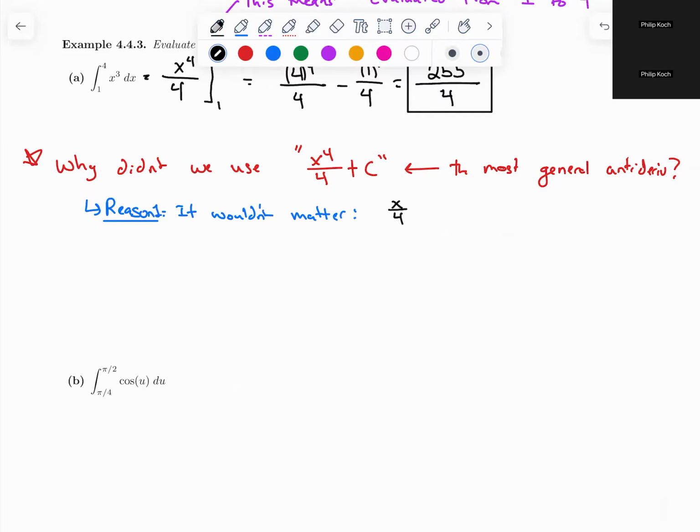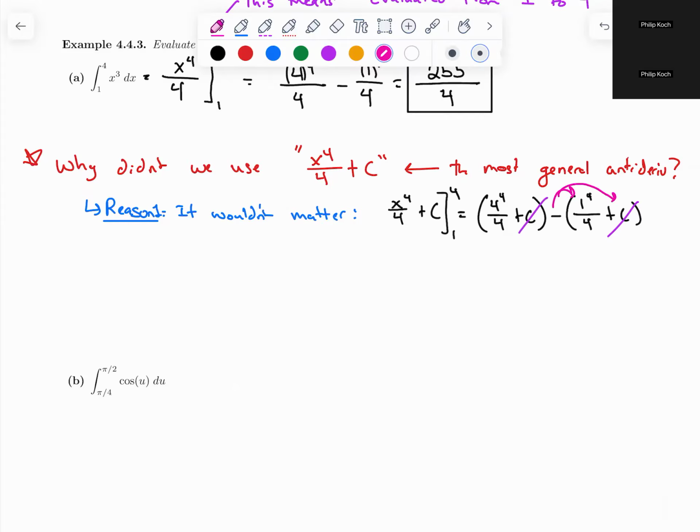X to the 4th divided by 4 plus a constant c, evaluated from 1 to 4. That becomes 4 to the 4th divided by 4 plus c minus 1 to the 4th divided by 4 plus c. And when I distribute that minus sign, the c's cancel. So that's one reason why you don't need to bother using x to the 4th divided by 4 plus c.